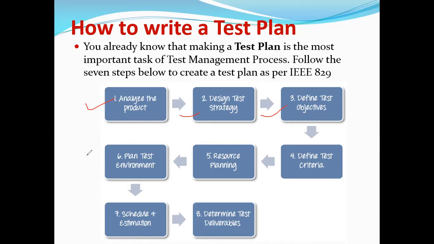Then plan the test environment. In this particular thing you have to understand about the environments, like suppose this particular software is related to some kind of server application where you need fast processing PCs. So that type of environment, and nowadays we are seeing that all the MNCs are having very good air conditioners.